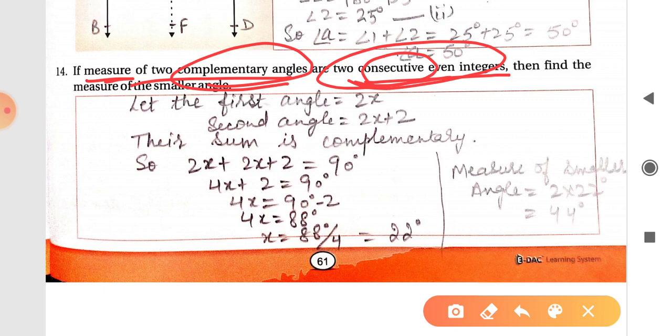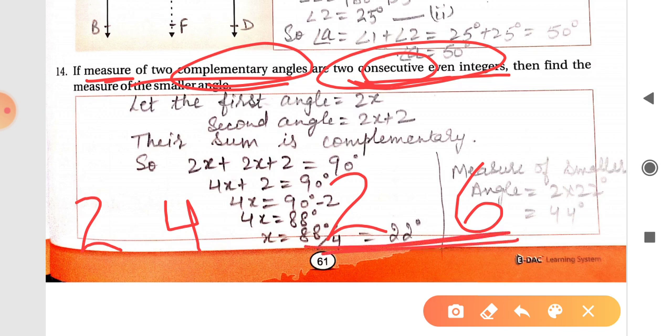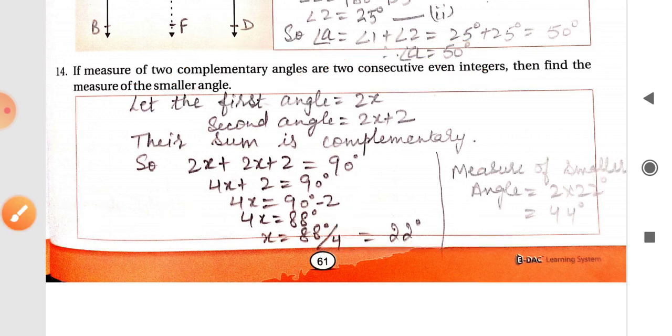If the first even number is 2, then its consecutive even number will be 4. We cannot say that it is 6. 6 is also an even integer, but 2 and 6 are not consecutive even integers. So we will take the next even integer.